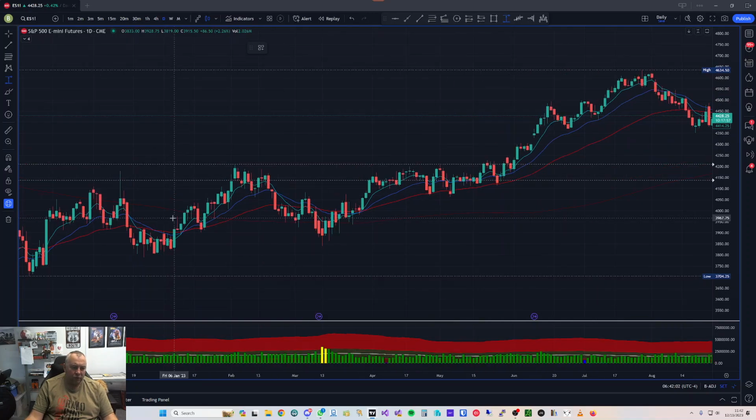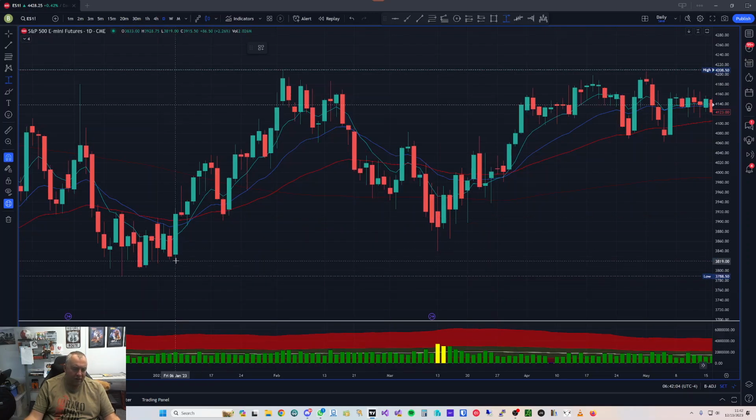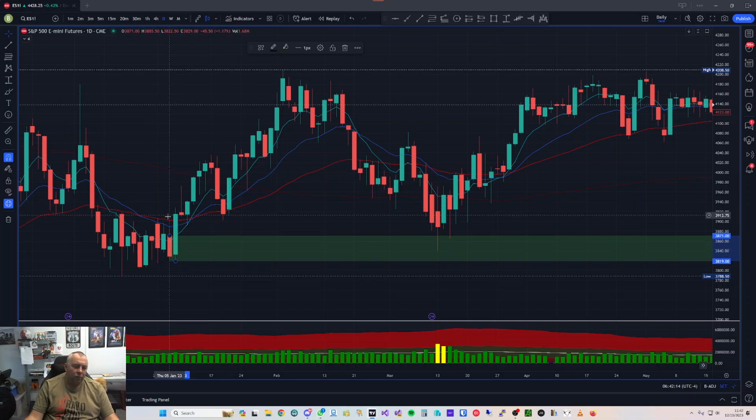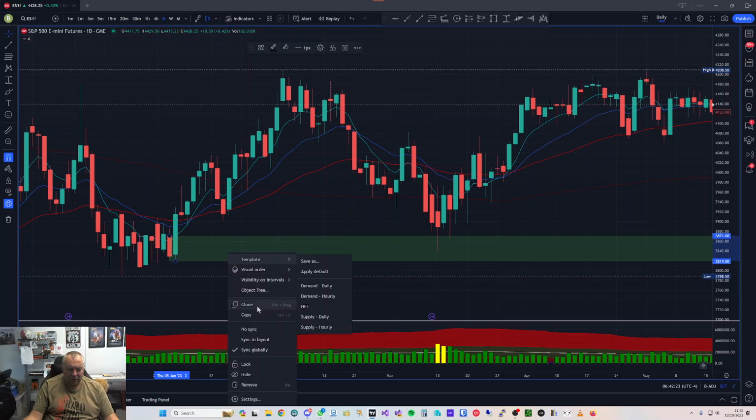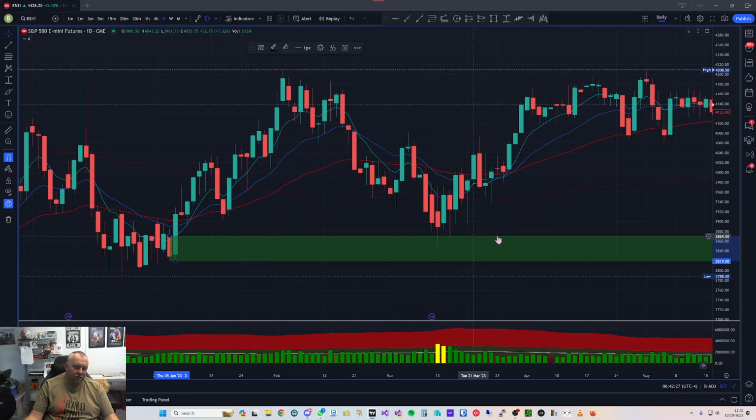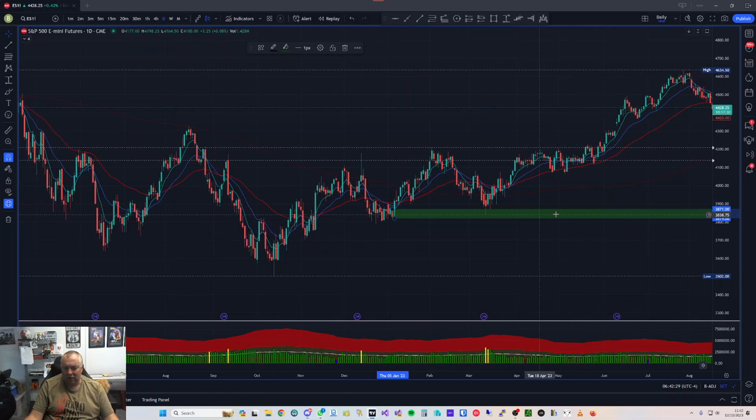When I draw my demand zone, I take the bottom of the pivot and I take the body of the previous candle, and I always try and go for the opposite colour candle because we've had a period of buying and selling, and this is where you expect to see the demand. So this is that daily demand, and I like to have a colour code, so template demand daily. My daily demand is slightly brighter than my hourly demand, which I'll get to.